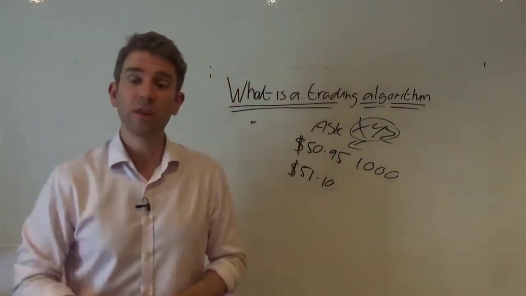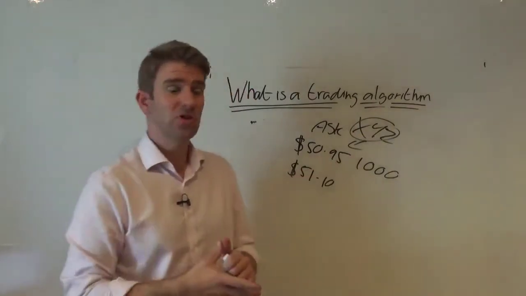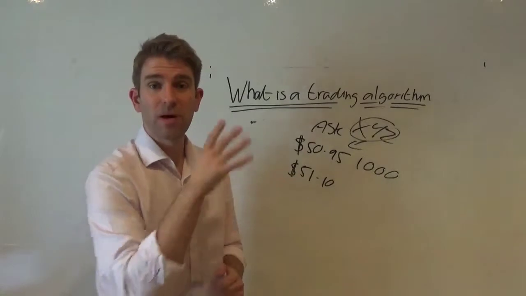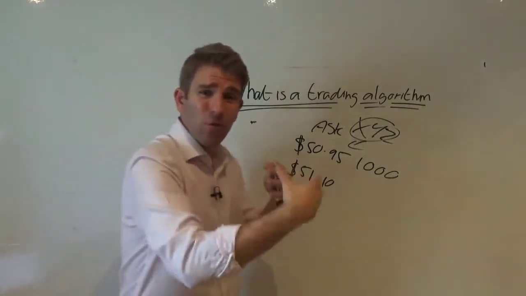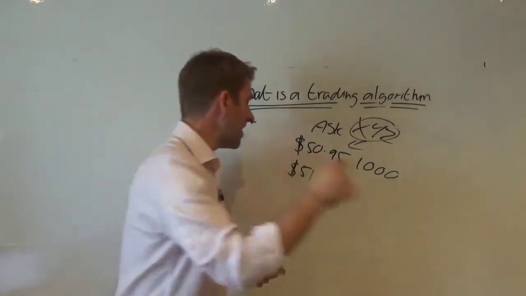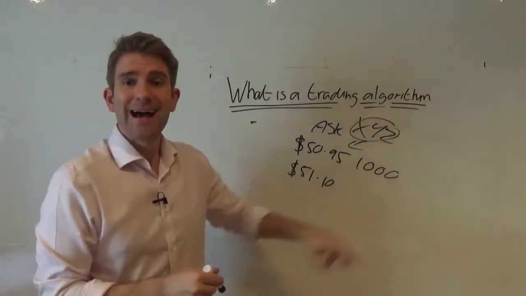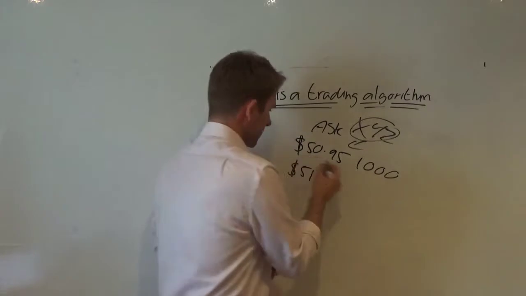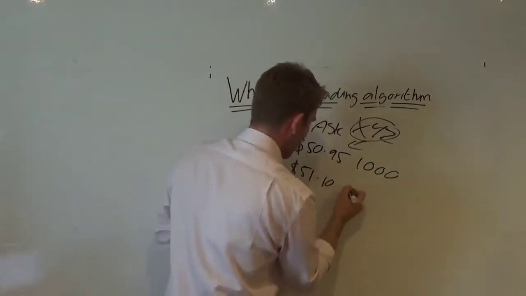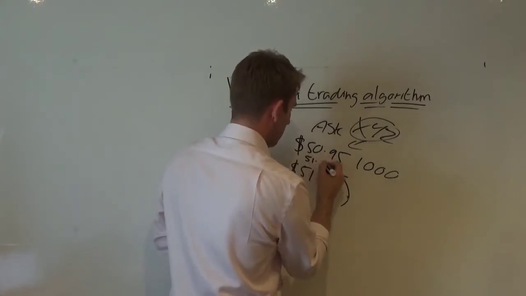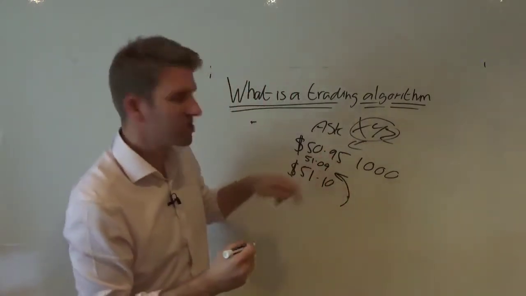So what HFT would do is, you put your market order to buy 1,000 shares. HFT would see that and go, whoa, this guy wants to buy 1,000 shares at market. Before the order would hit the exchange, they would buy those 50.95s and put an offer in at, in this extreme example, 51.09, just below the next best offer.